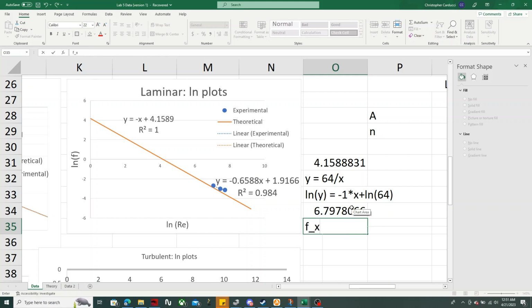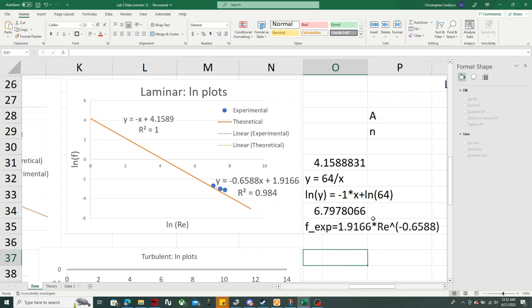So F experimental is equal to 1.9166 times x raised to the power of minus 0.6588, where x should be written as your Reynolds number. Okay.